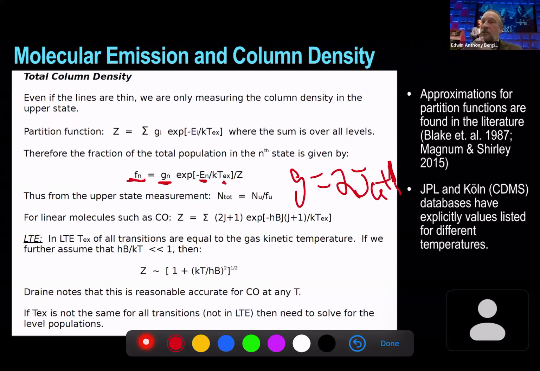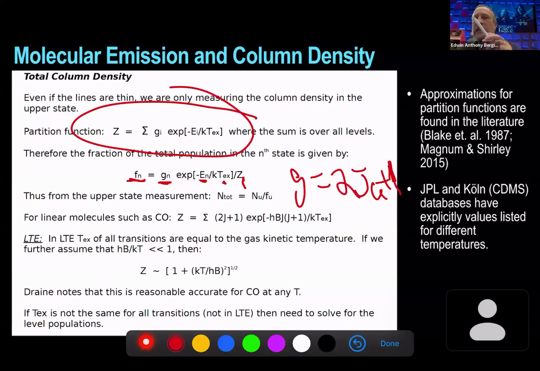So I have to assume a temperature, and I'm going to talk about how we get temperatures next, and then that is normalized to the partition function. And the partition function, you just have to take a stat mech class and you'll get bored of the partition function very, very fast, is just that quantity there.